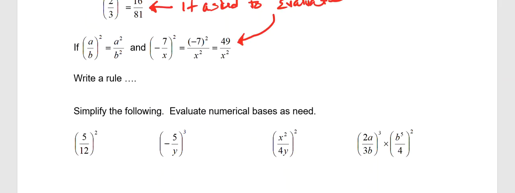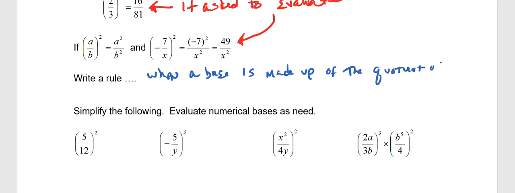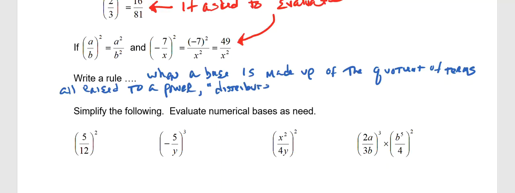Okay, so here we can say, as a rule, when a base is made up of the quotient of terms all raised to a power, and here's where we're going to use this word loosely, so put it in quotations, we can distribute the exponent to both terms.